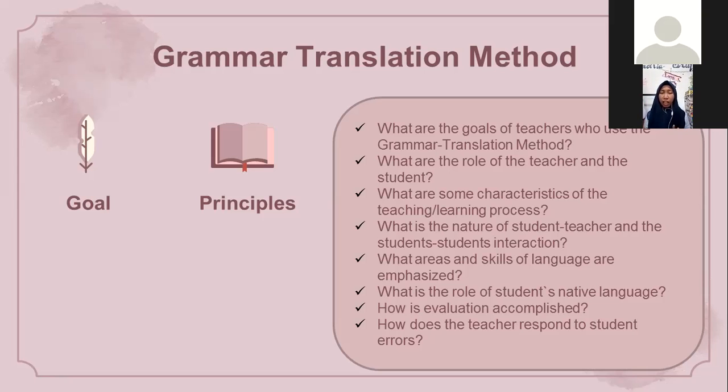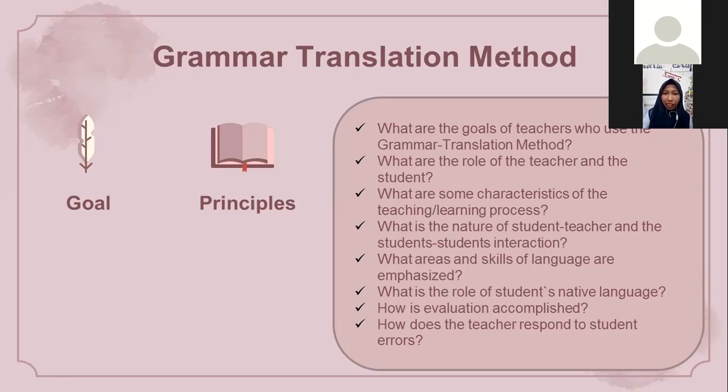The students only have to follow what their teacher asks them to do. So in this method, the teacher is more active than the students, and the students are less active because they only follow the teacher. So we can say this method is teacher-centered.